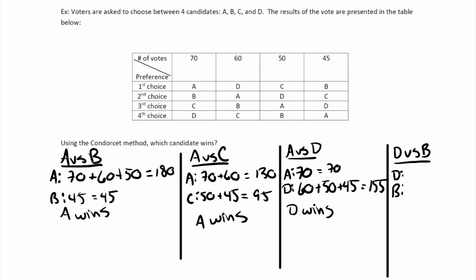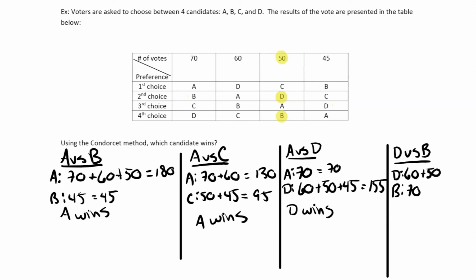On the first ballots, I see that D is ranked last and B is ranked second, so those 70 votes are going to go to B. On the next ballot, D is ranked first and B is ranked third, so those 60 votes are going to go to D. In the third column, D is above B with 50 votes.